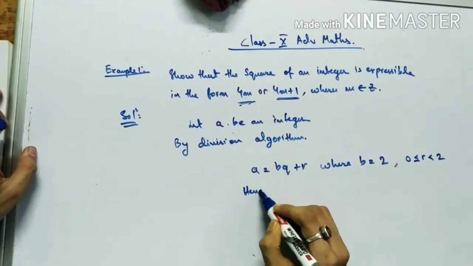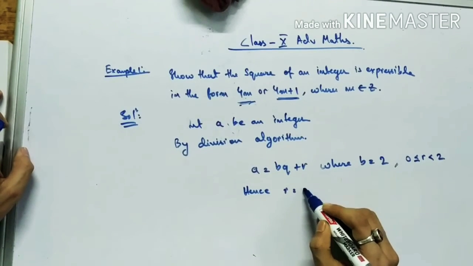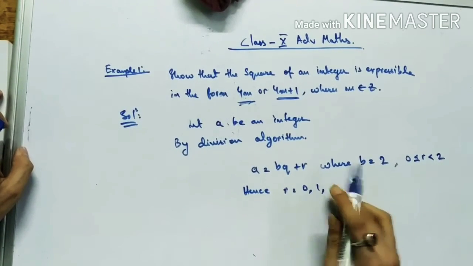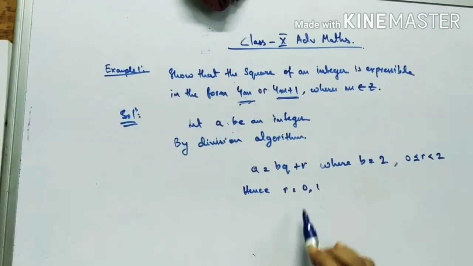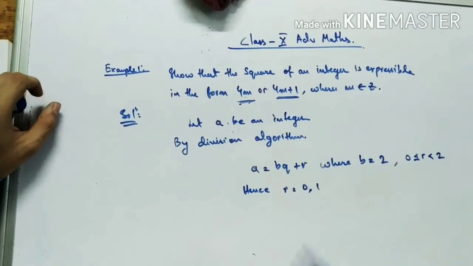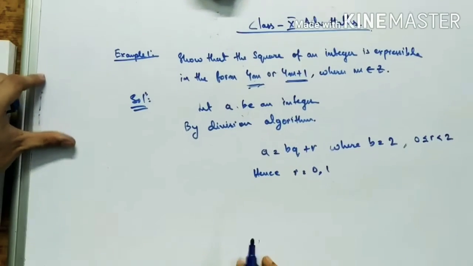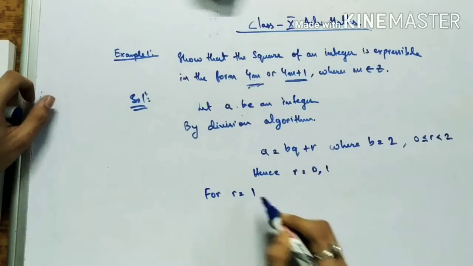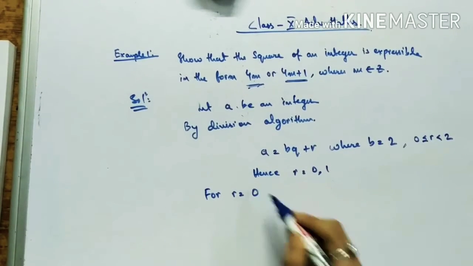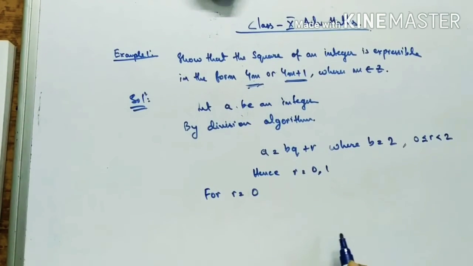Hence r is equal to 0, 1. The r value will be 0 and 1. Now for r is equal to 0.